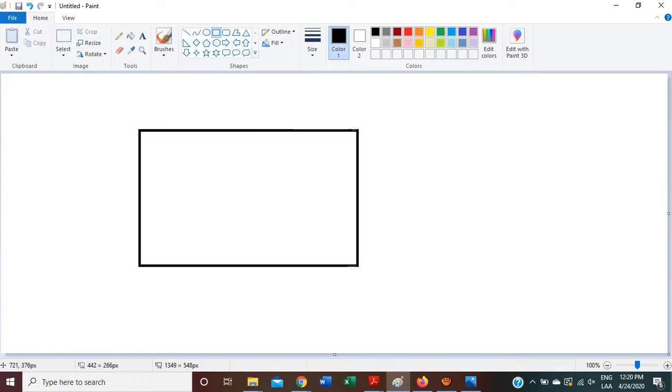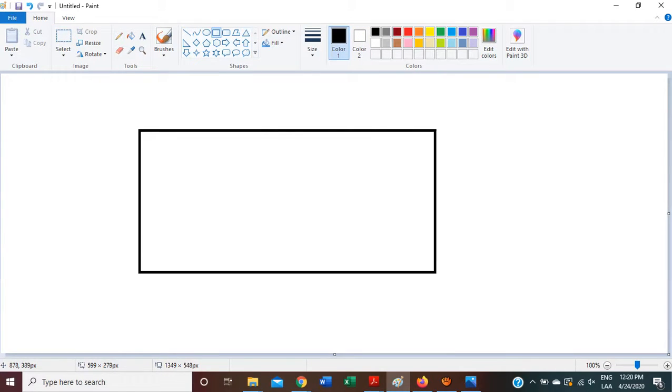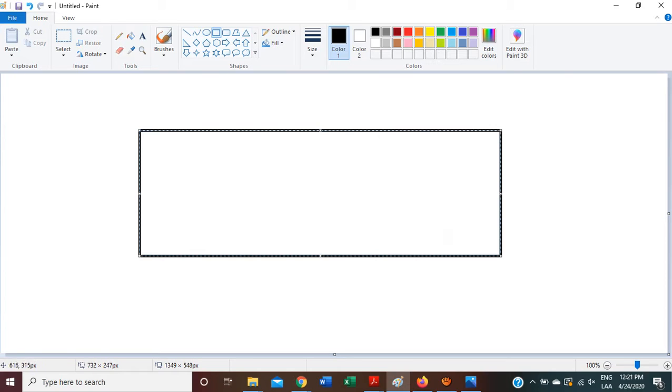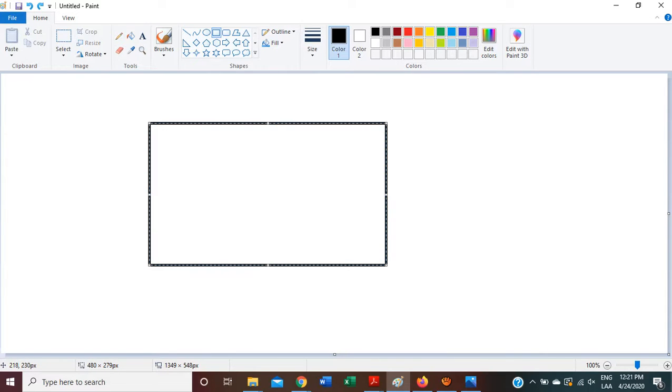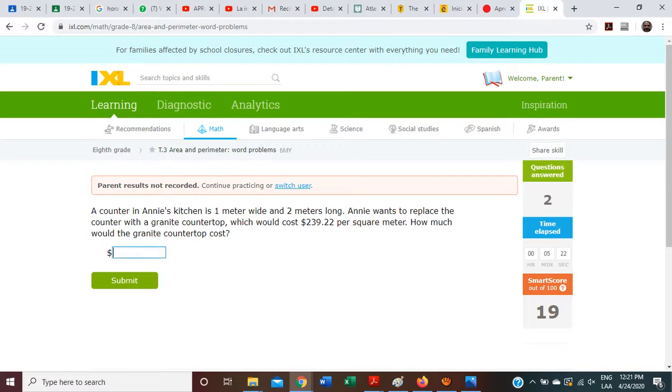Let's draw it a little bit more like 1 and 2. All right, Annie wants to replace the counter with a granite countertop, which would cost this amount of money per square meter. How much will the granite countertop cost?